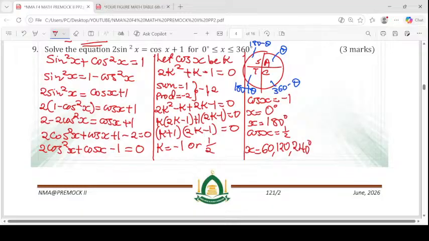But look at the range. I want us to be very, very keen with the range in use, because the range is from 0 to 360 degrees. The big question is, is the 360 degrees inclusive or exclusive? Look at it.